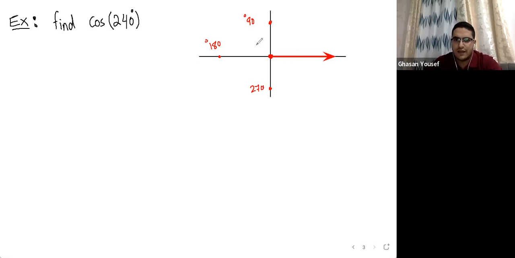And again, if you turn around, this angle is 360 degrees. So 240 is between 180 and 270. So the angle should be here, like this. So the angle must be in the third quadrant.